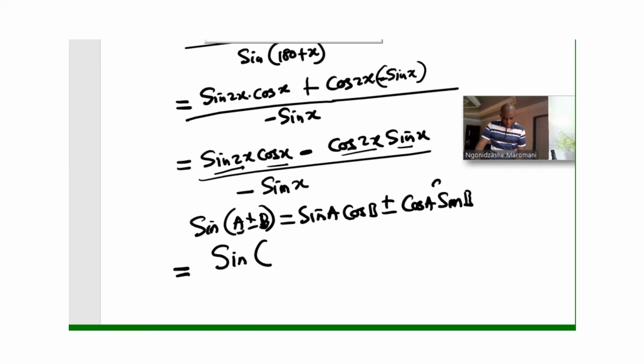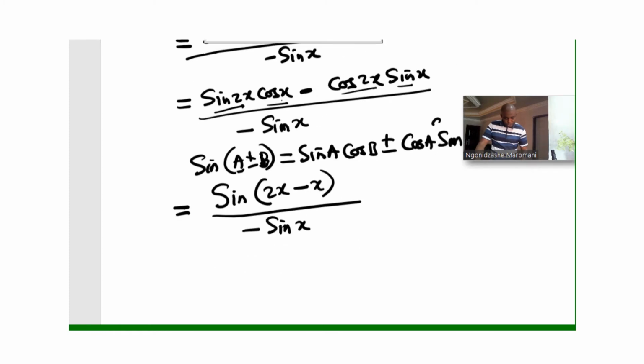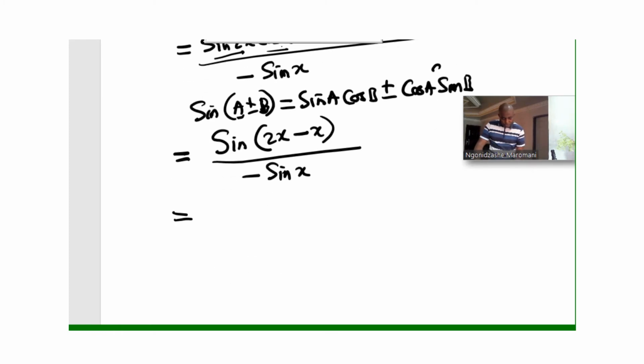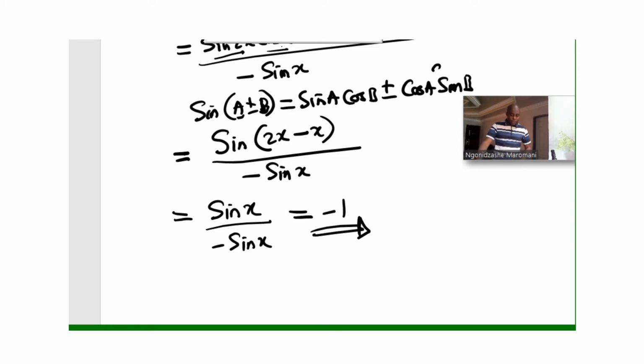You can see that our a is 2x here, so it becomes 2x minus our b is x, all over minus sine x, which in this case will now be equal to sine of open bracket, 2x minus x, which is x, so it simply becomes sine of x divided by minus sine x, which is equal to minus 1. So the answer becomes minus 1.